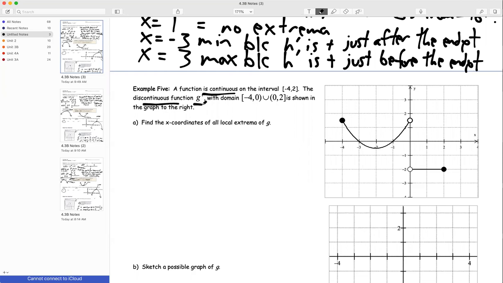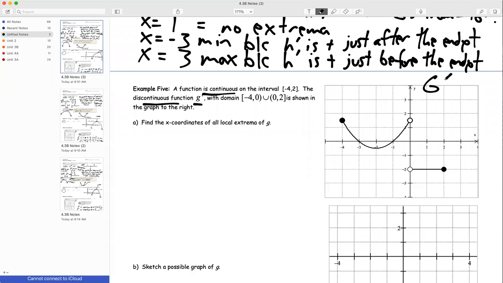Part A says find the x coordinates of all local extrema of g. So this, I'm going to label, this is g prime. I'm going to find the extrema, which is also what I just did. However, I'm going to add something in on this problem, which is part B: sketch a possible graph of the original function g.